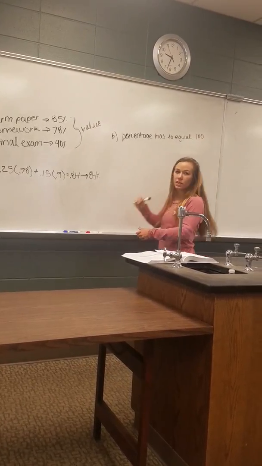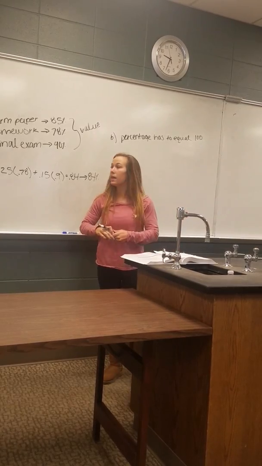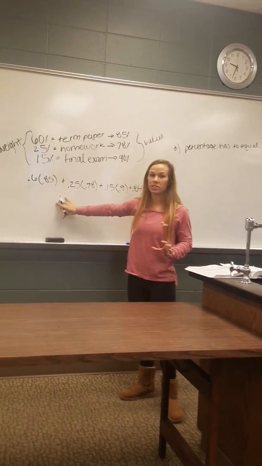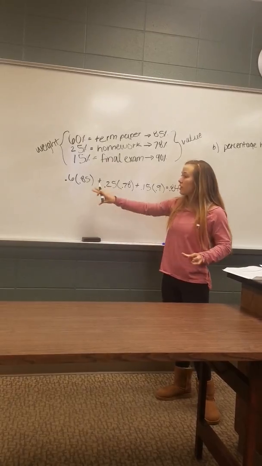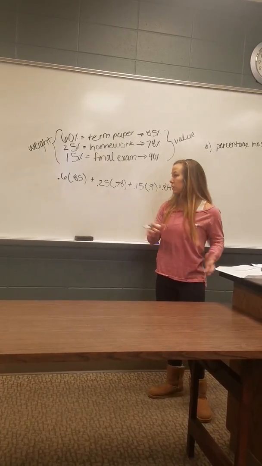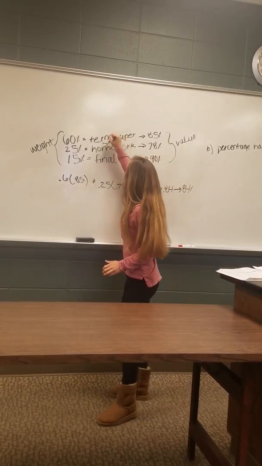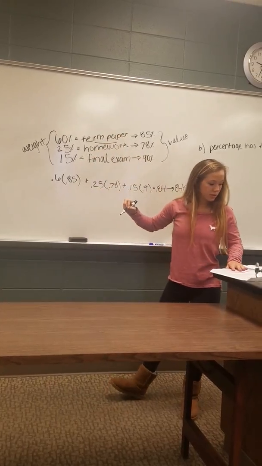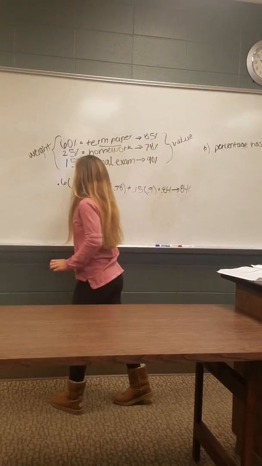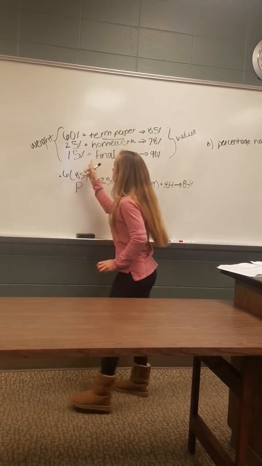So first let's look at the equation. If we put this into an algebraic expression, the 0.85 we're going to use for the term paper, so we're going to use a variable P for what the student actually got.